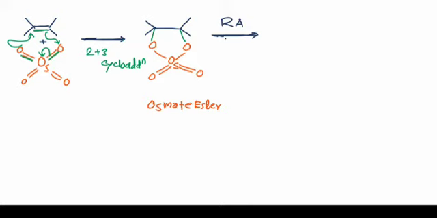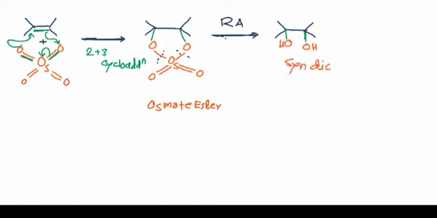That reagent breaks the oxygen-osmium bond and converts it into the diol. Look at the stereochemistry of the diol: both OH are on the same side. That's why it is an example of a syn addition reaction, and a concerted mechanism is there. So this is called the syn diol.